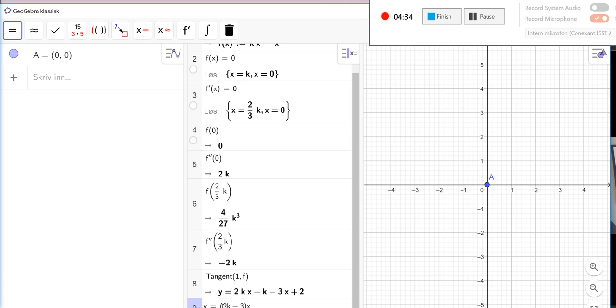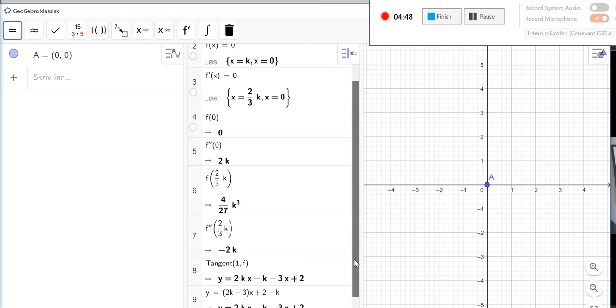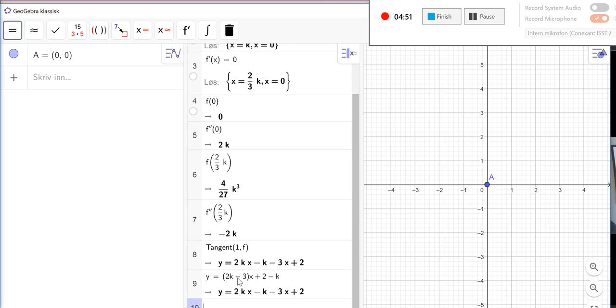So a here, the gradient, the slope, is actually 2k minus 3. And then plus the constant term, the terms without x, which is 2 minus k. So this is a strange function here, but this is the slope, 2k minus 3, and 2 minus k is the constant term. So this is a, and 2 minus k is b. Okay. Then we are done with exercise C, and this is the answer in exercise C.